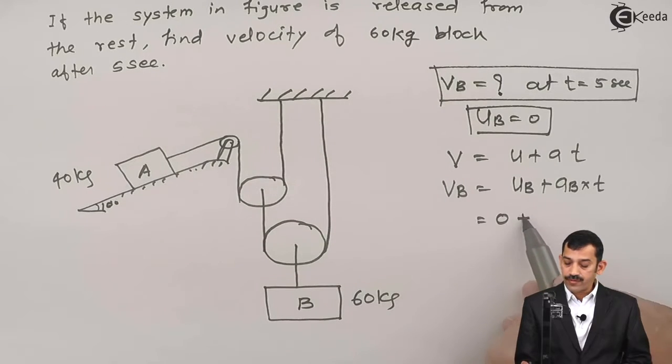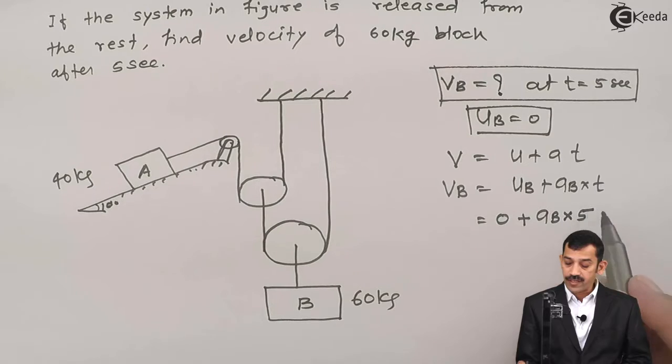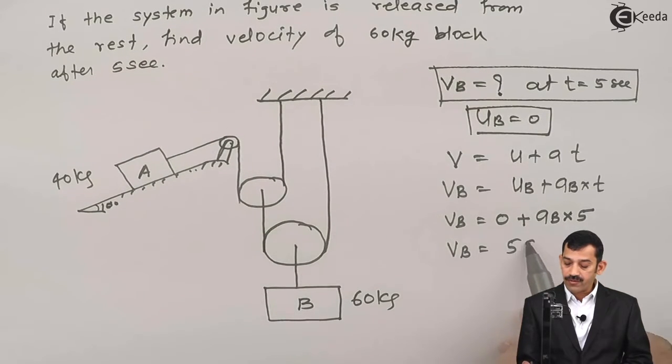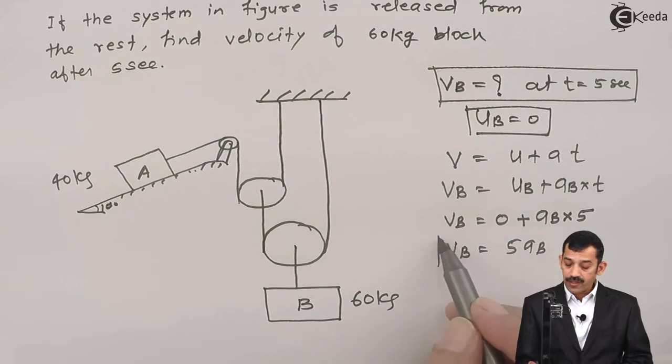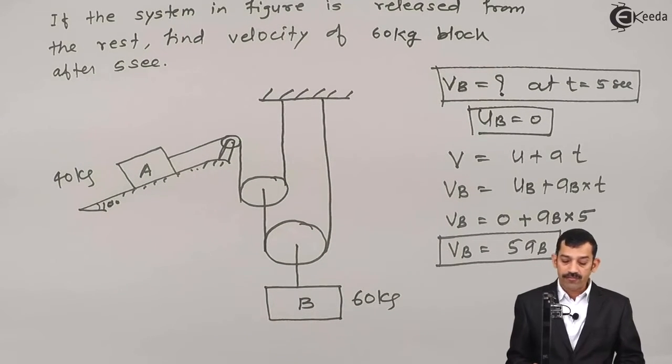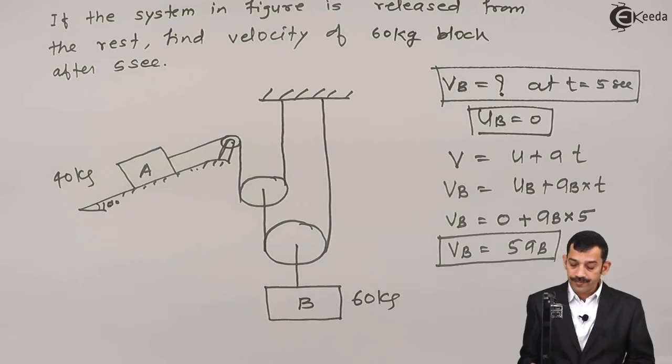Initial velocity is 0, and acceleration is unknown, which we have to find. After 5 seconds, vb is 5 times ab. That means we simply find the acceleration and multiply it by 5 to get the velocity of the block.